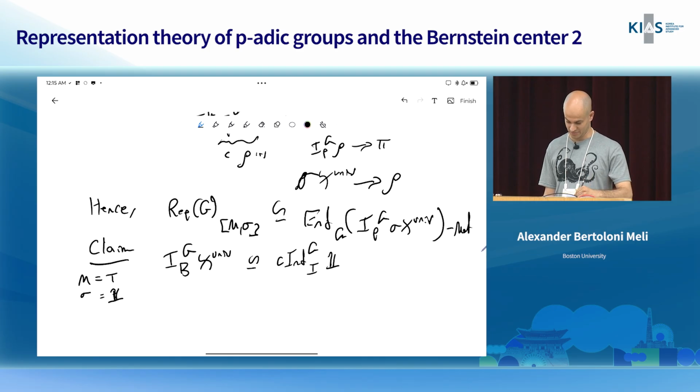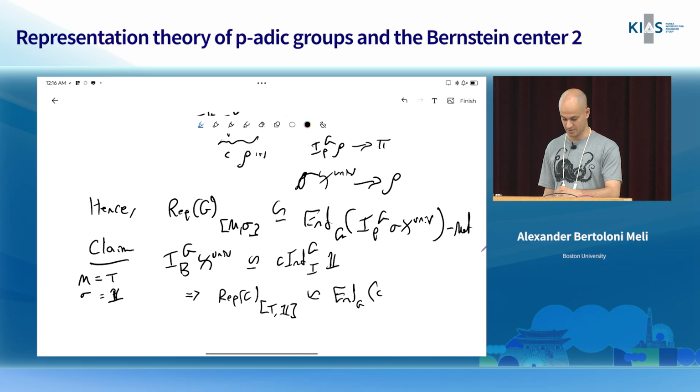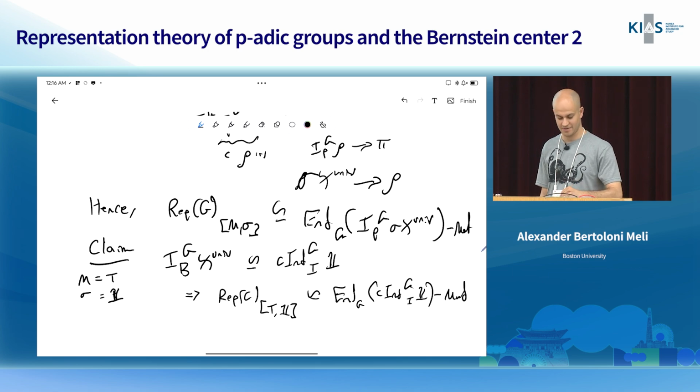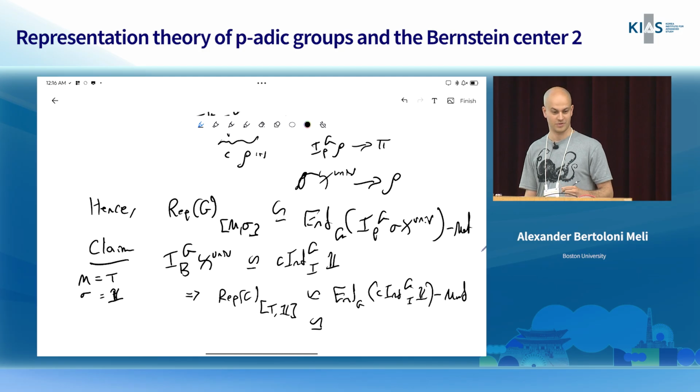And so this implies that rep G T1, this principal block from before, is isomorphic to modules over this. But this already showed up in the previous lecture.